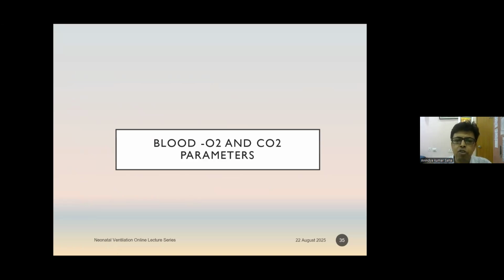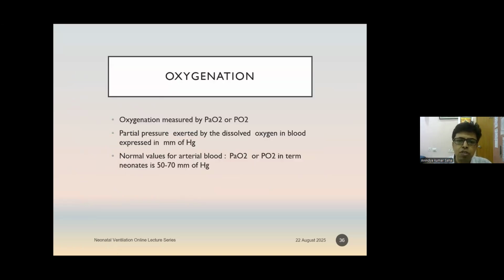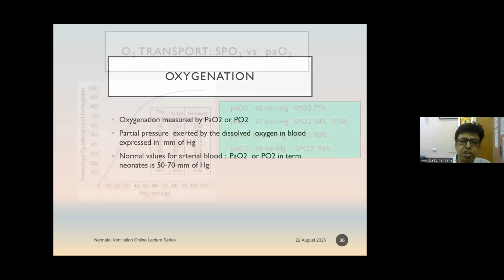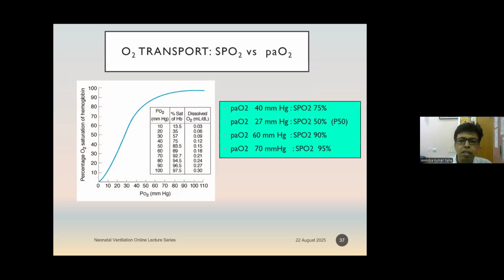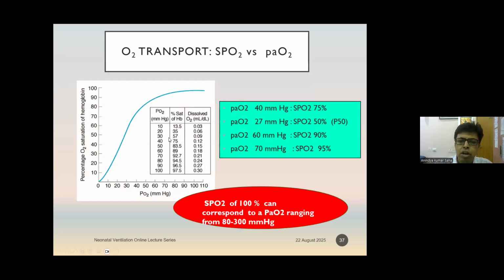Next is the blood oxygen and carbon dioxide parameter. So normally it is the partial pressure of oxygen, and the normal value is 50 to 70 millimeter of mercury, and it is directly estimated by the blood gas machine. And the problem is that the 50 to 70 millimeter of mercury corresponds to the normal saturation of the hemoglobin, equivalent to 95% hemoglobin saturation.